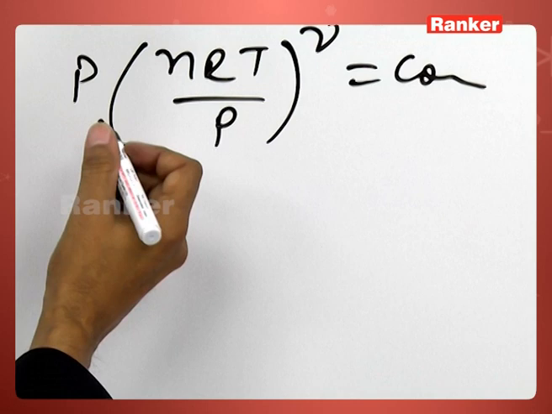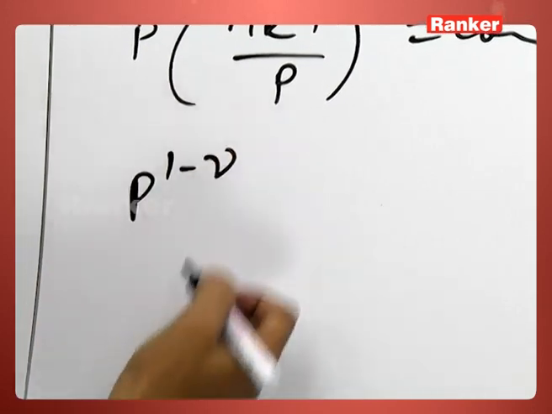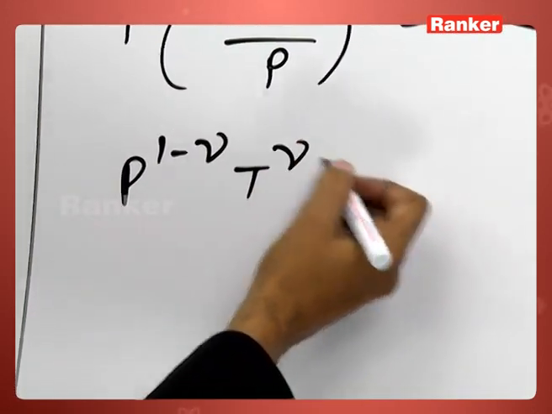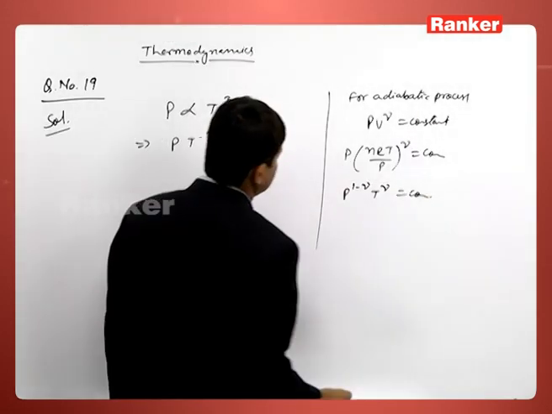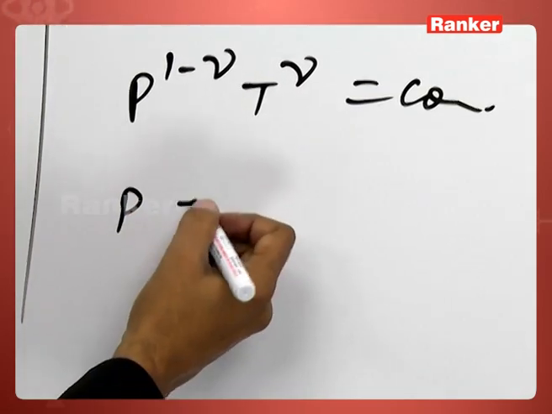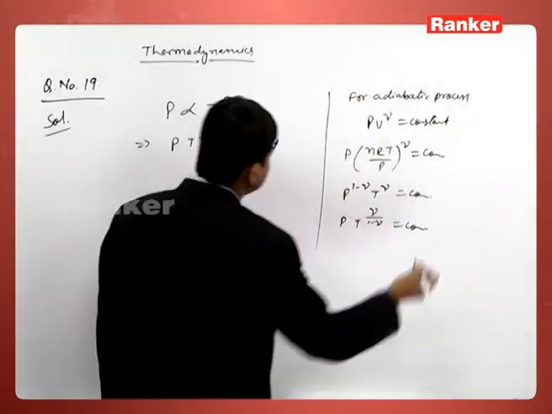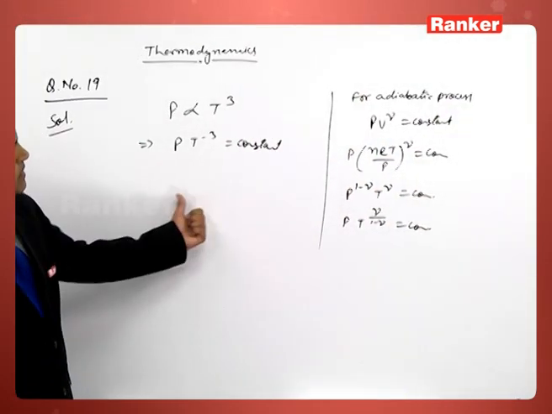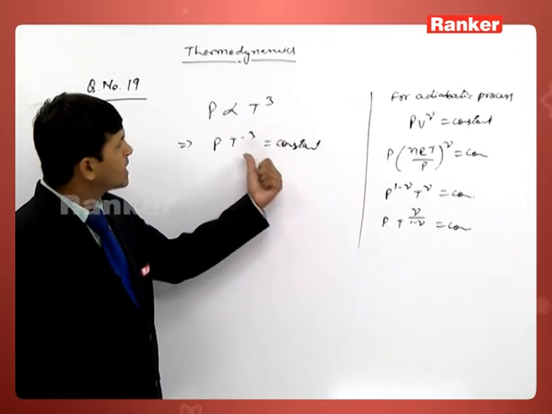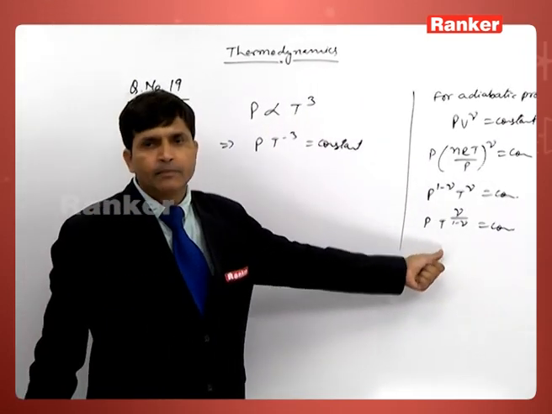So P to the power 1 minus gamma, T to the power gamma is constant. Then P T to the power gamma by 1 minus gamma is constant. So for an adiabatic process, this is the relation between pressure and temperature.